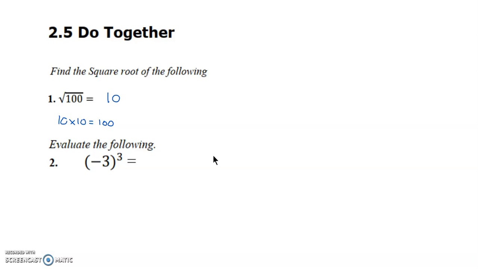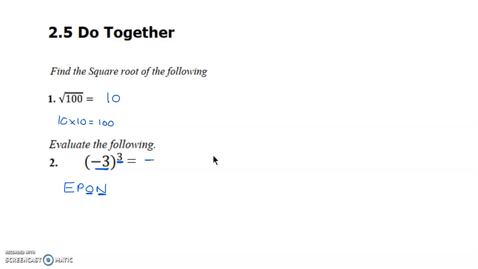For number 2, we're going to evaluate negative 3 to the 3rd power. Remember, we can use EPON for the sign because the base is negative. So we have an odd exponent, and if we have an odd exponent, the answer is going to be negative.